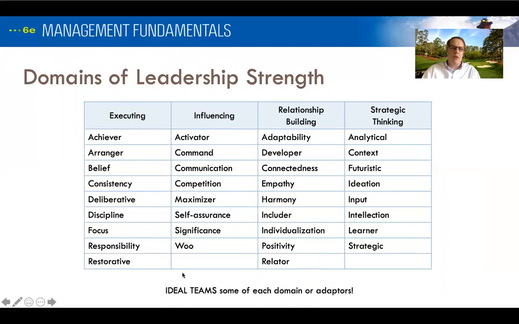Ideal teams ultimately have members from each of these domains. And as an individual, you want ideally to have some parity across those 4. But I think it's also important to know that if you have opportunity to put groups together, you have some representation, if possible. It's not always possible, but you have representation from each of these domains.